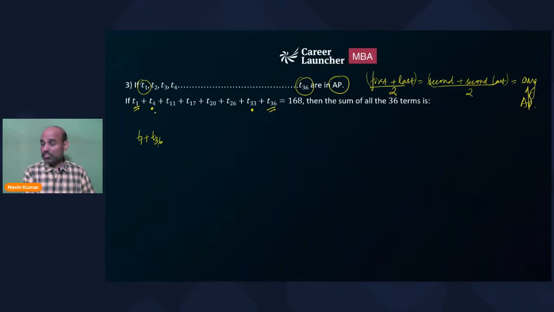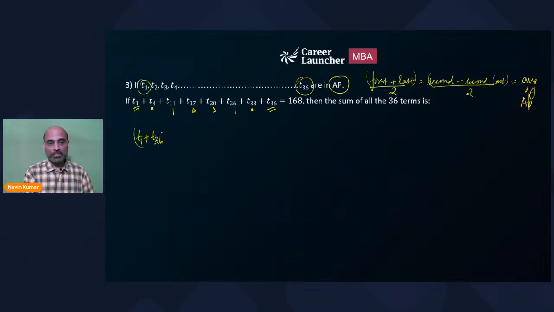This is the fourth term from the left, and T33 is the 33rd term from the left, which is also the fourth term from the right. How will we know? If you look at the subscripts, 1 plus 36 is 37. 4 plus 33 is also 37. 11 plus 26 is also 37. 17 plus 20 is also 37. So the sum of subscripts is always one more than the number of terms. That's the hint, that's the trick here.